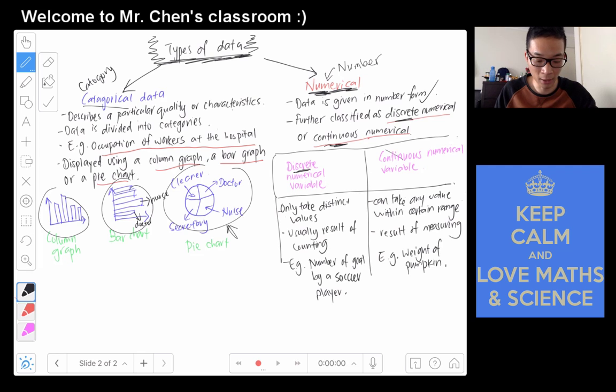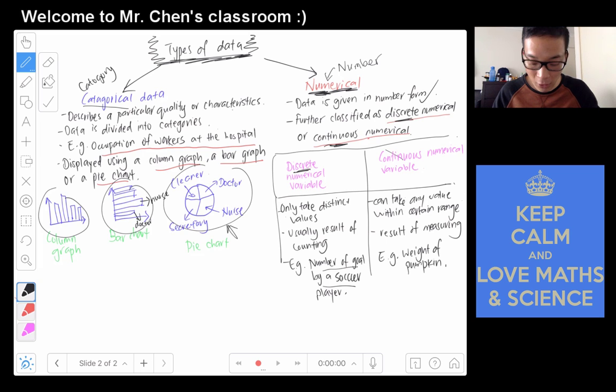Okay, discrete numerical is usually the result of counting. For example, number of goals by a soccer player. So you can score 1 goal, 2 goals, 3 goals. You can't score 1.5 goals or half a goal. It's either a goal or not a goal. Okay, that's what discrete means. Very distinctive.